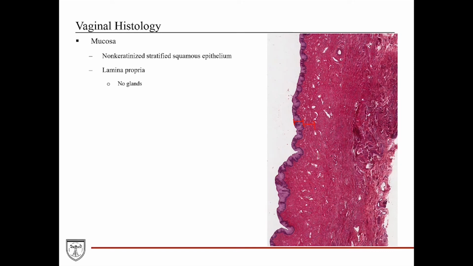But other than that, there aren't any descriptive, unique structures in the mucosa of the vagina. Outside of the mucosa, there's once again more ill-defined fibromuscular layer that blends with the adventitia. So no particular glands or histologically unique features are the unique features of the vaginal histology, if you will.